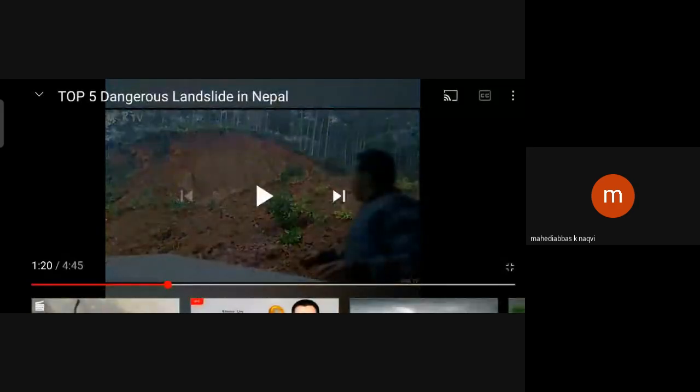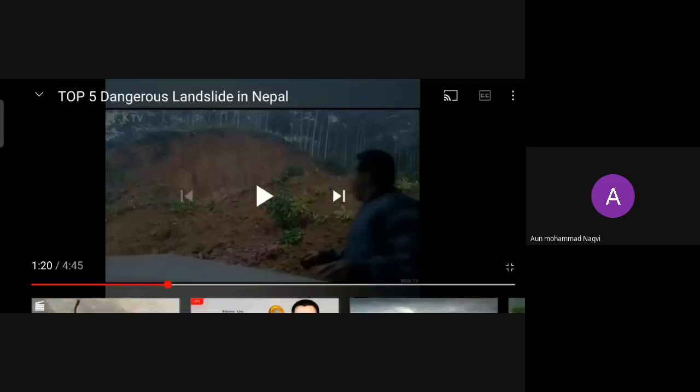Have you seen this video? Yes, sir. Now you can imagine if you are on a road near a mountain and suddenly a landslide occurs. Can you see how people react? What would be the reaction? Instead of running away, the first thing that you have to do is watch very carefully where you are going and what is happening.